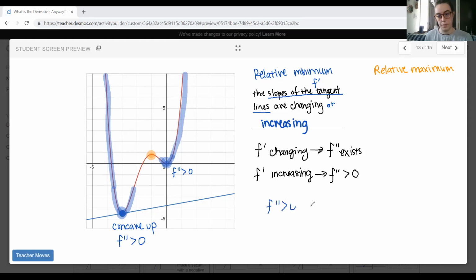So when f double prime is positive, that means our function f is concave up. So now that we kind of talked through a relative minimum, see if you can figure out similar things for the maximum, okay?